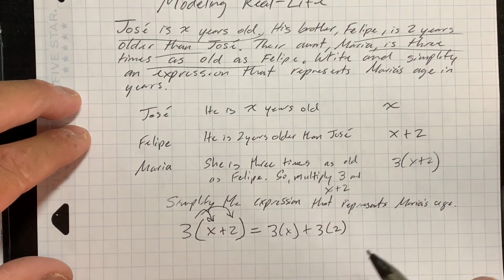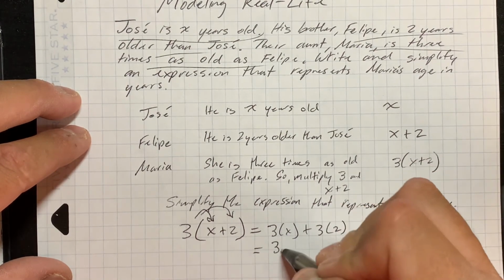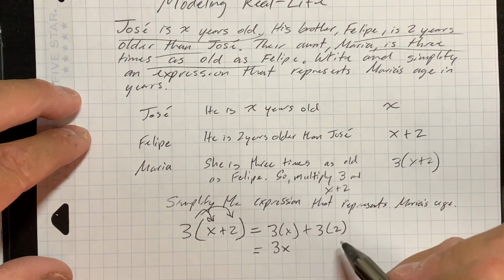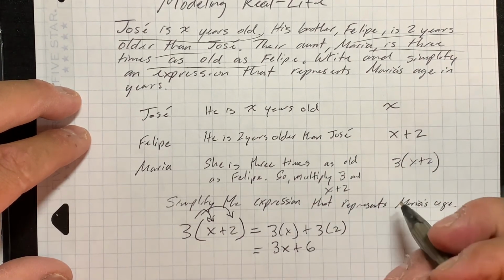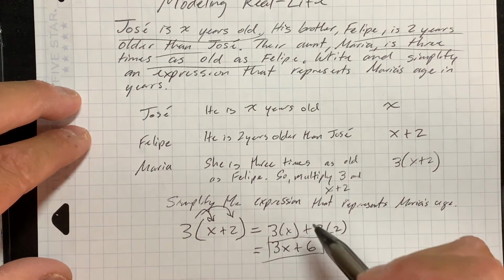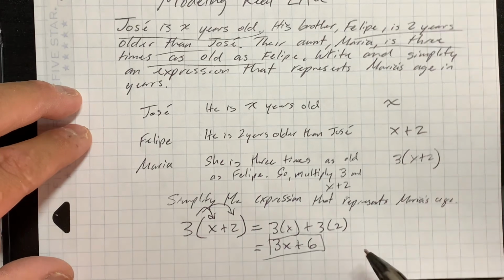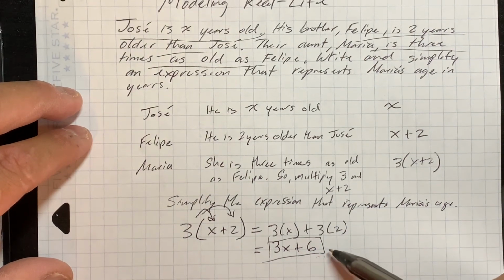So now we use the distributive property of multiplication there. Now we're going to multiply. 3 times x is going to be 3x, and then 3 times 2 is 6. So there we go, my friends. After we multiplied, the simplified expression is 3x plus 6. So Maria's age in years is represented in this expression, 3x plus 6.